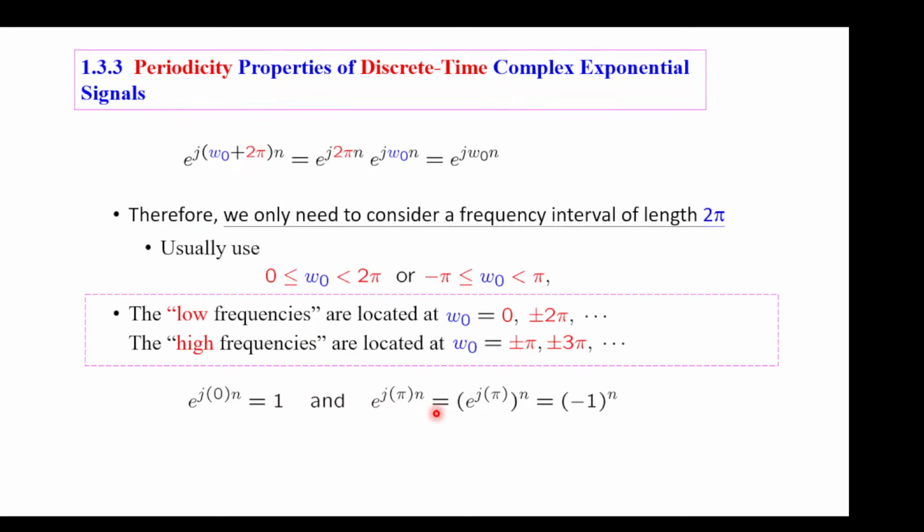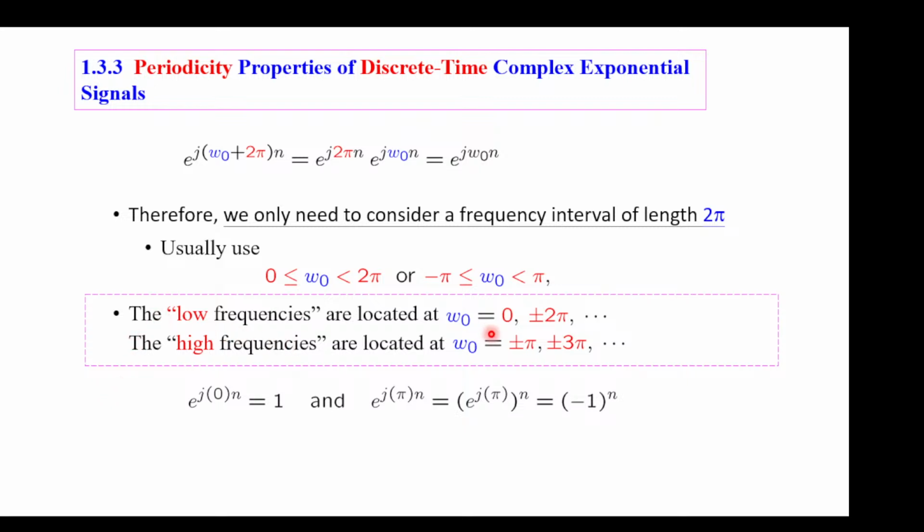That means you only need to keep track of your frequency in an interval of 2 pi, and we can use different conventions. Sometimes you use from 0 to 2 pi, sometimes from minus pi to pi.